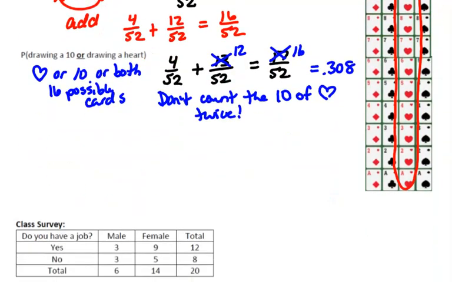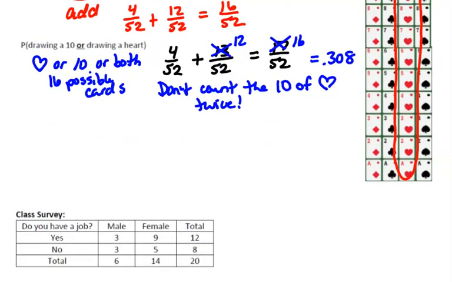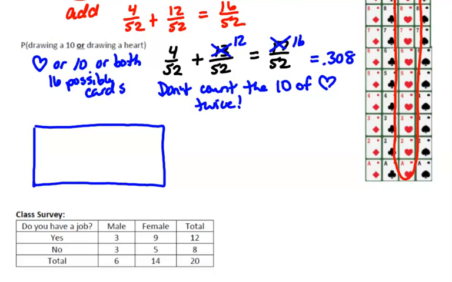Now, a way we can illustrate the difference between the second example and the third example is by doing something called a Venn diagram. In the second example, we were looking at 10s or face cards. I made that circle a little bigger because there's more of them.